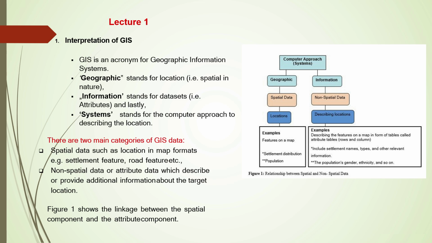Actually, every data set is spatial in nature. It only depends on if we are not interested in the spatial component of the location of the data. The other type of data that GIS uses is non-spatial data, or you call it attribute data.